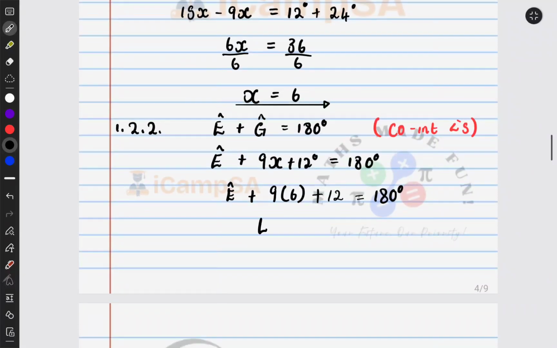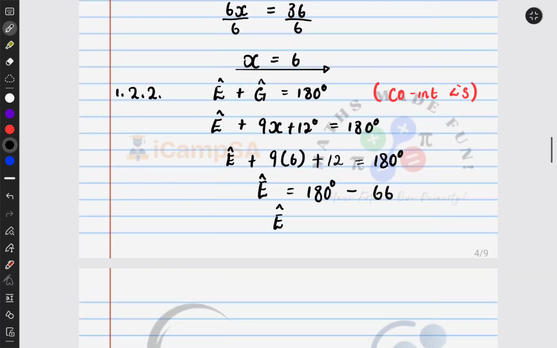And then from there, angle E is equal to 180 degrees minus 9 times 6, which is 54, plus 12, which would be 66. Yes, this is going to be 66.